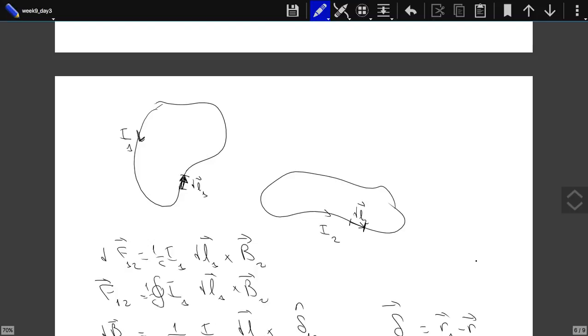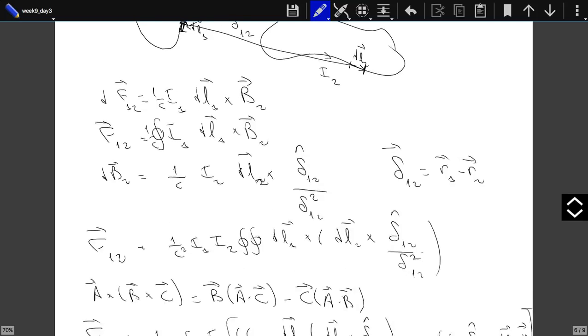We have to sum over the magnetic fields created by each one of the pieces in the second loop. Each one of these pieces, we call their length dl2, is along the current. So these are dl1 and dl2, the vectors we defined along these two paths. And delta 1,2 is nothing but the vector connecting them. This is the delta 1,2 vector.